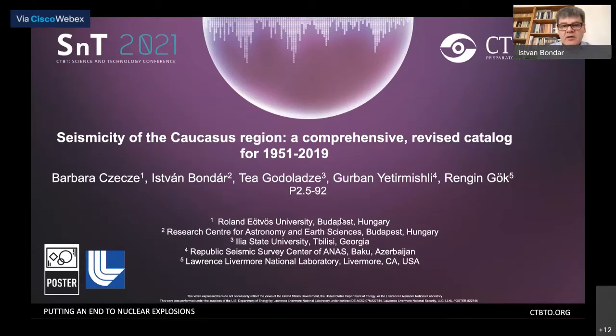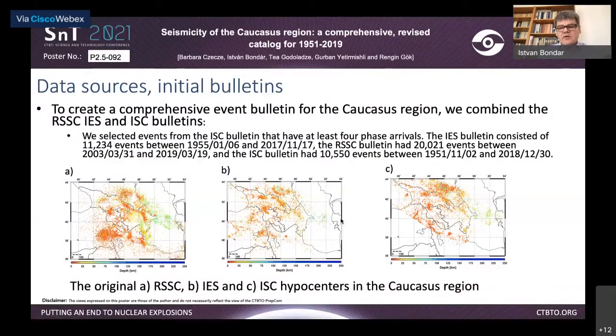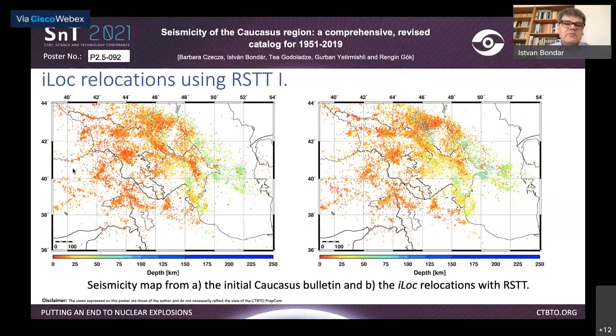And here we're presenting a comprehensive seismicity catalog for the Caucasus region. We collected different kinds of catalogs. These are the Azeri catalog, the relocated Georgia catalog, and the ISC bulletin data, which are joined together to put together a bulletin for the Caucasus region.